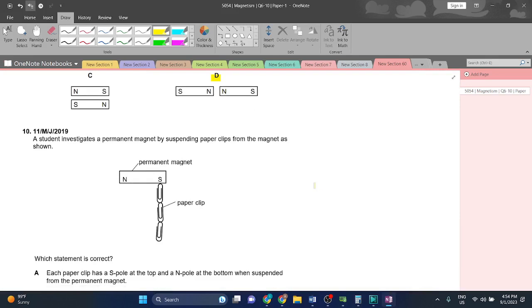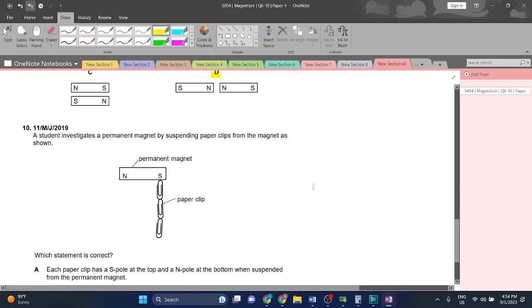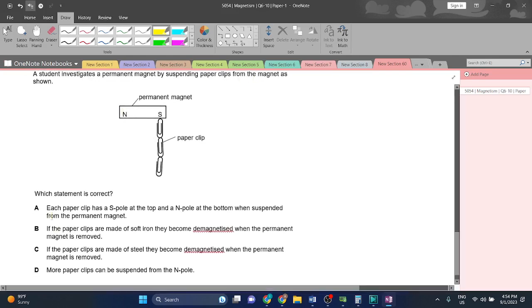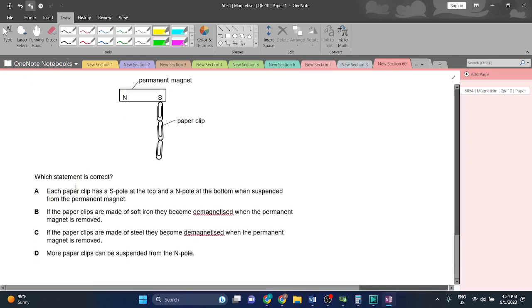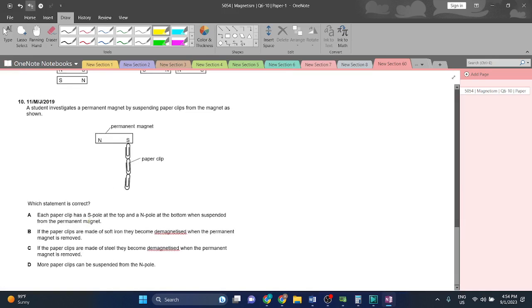Question 10. A student investigates a permanent magnet by suspending paper clips from the magnet as shown. Which statement is correct? Each paper clip has a south pole at the top, which is completely nonsense. It will have a north pole at the top because it has a south pole here and a north pole will be here. So this is incorrect.